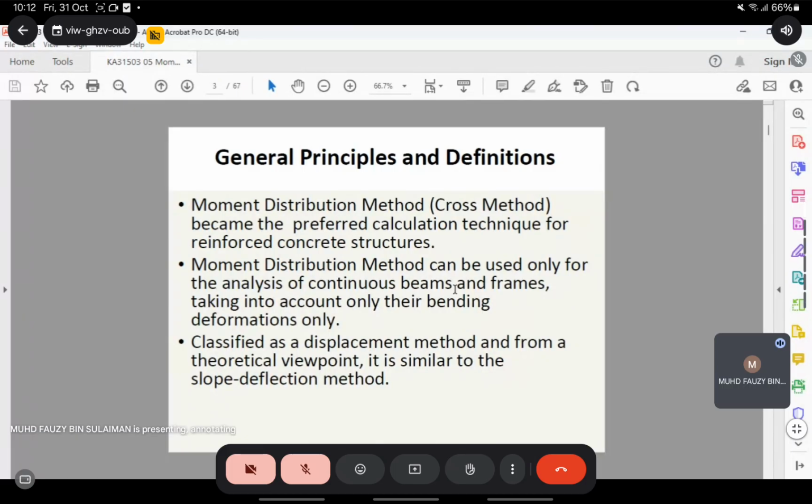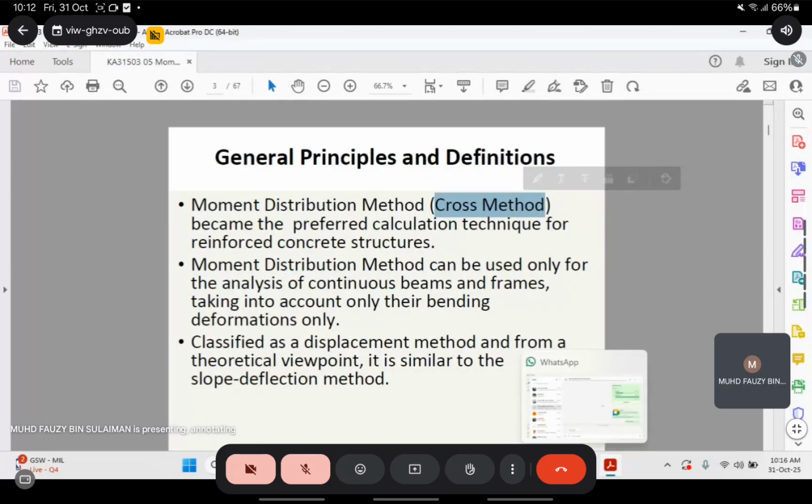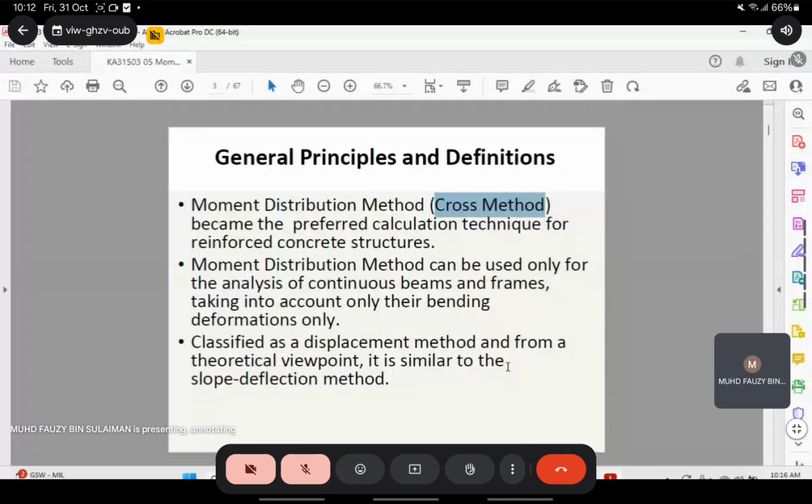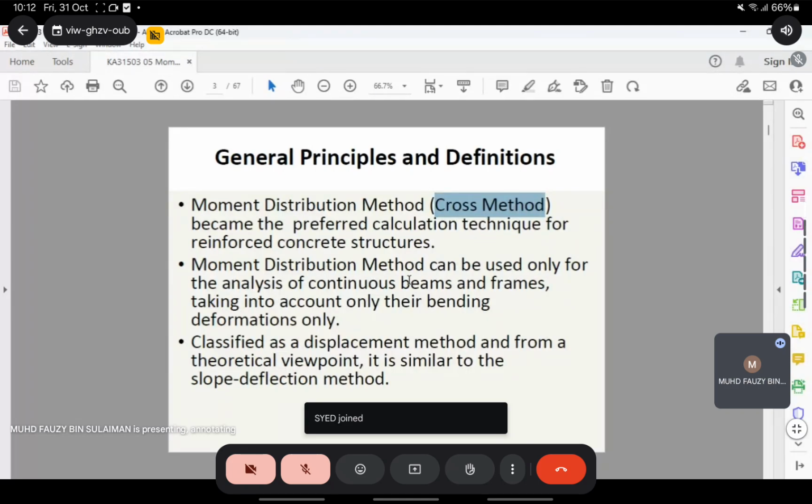So basically, the special method of analysis for RC is the moment distribution method, or the cross method. It can be used to analyze continuous beams and continuous frames by taking into account the bending deformation. So this is classified as a displacement method.